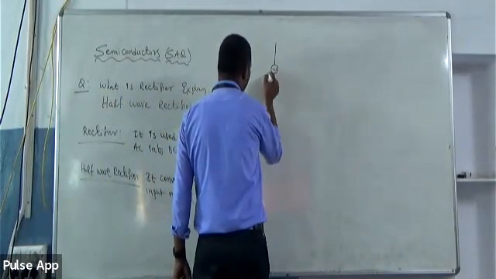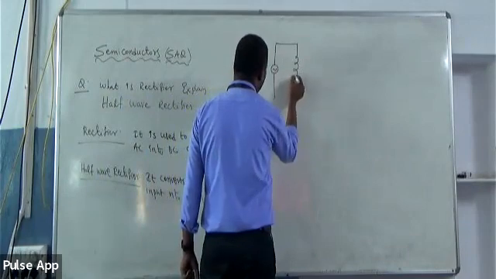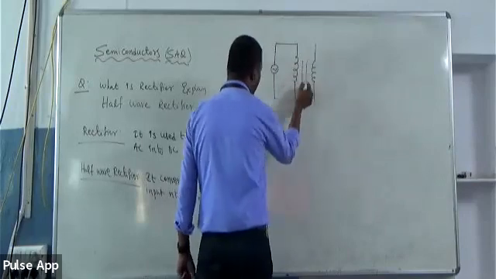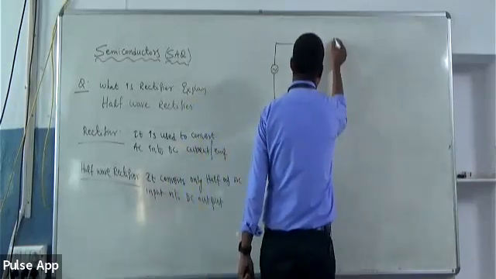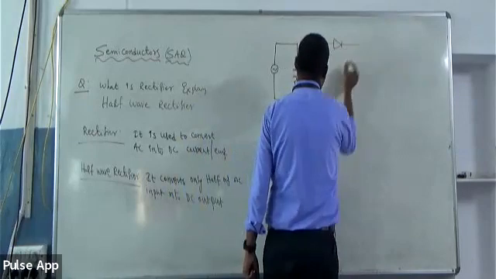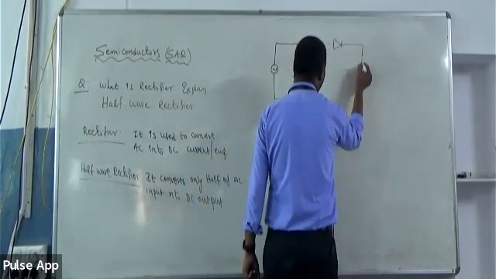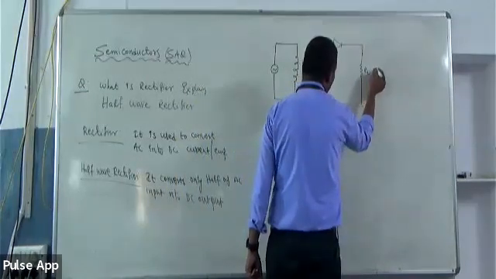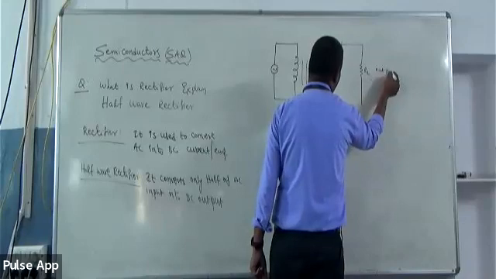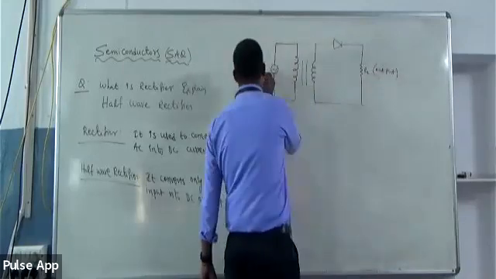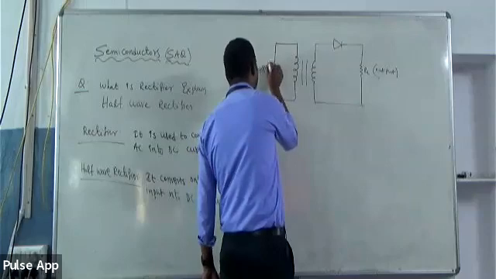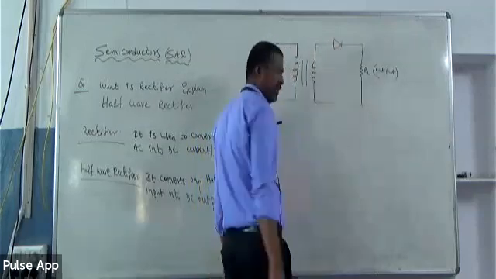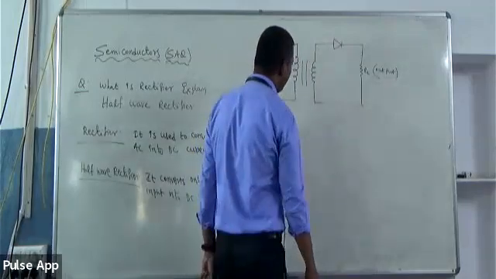This is the input. Here one transformer will be used, and here one diode will be used. The final output is given to a load resistor, generally called RL. From here we'll take the output, and here is the input. This is the P type semiconductor, and here is the N type semiconductor. So this is the half wave rectifier diagram.